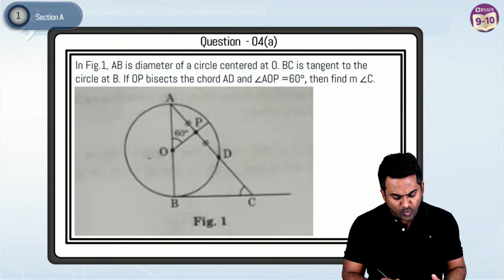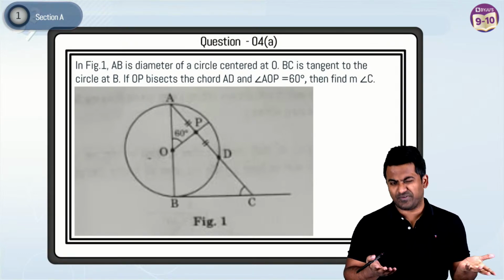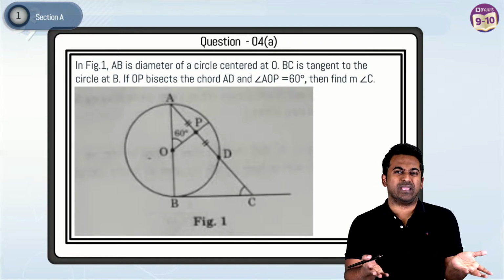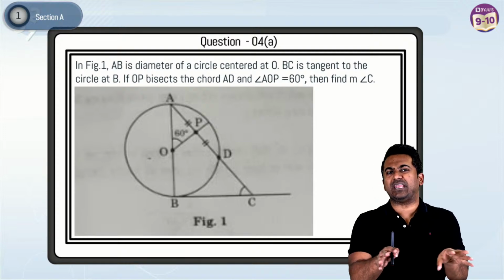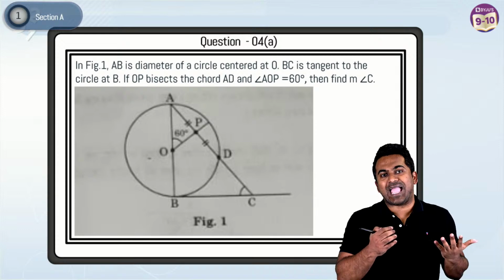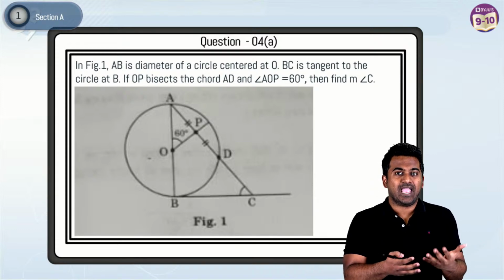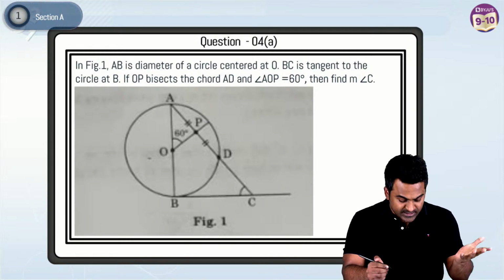This is question 4a, a problem revolving around circle theorems. Okay, so a fairly simple question again, revolving around basic ideas of circles. So how would you solve it? I would like to explain it through the diagram itself. All right. Now you know that the angle between the radius and the point where the tangent touches the circle is going to be 90 degrees, right?